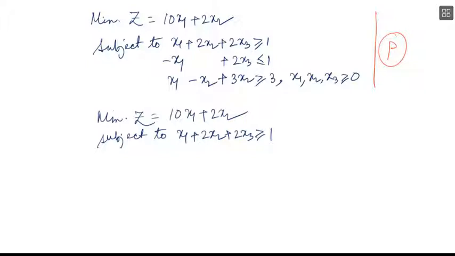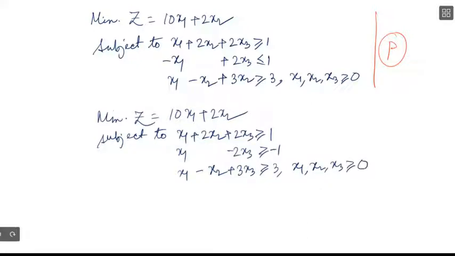So we multiply both sides of the inequality by minus 1 to get x1 minus 2x3 greater than equal to minus 1, and the last one will also remain as it is since it is a greater than equal to type inequality already given. So it will be x1 minus x2 plus 3x3 greater than equal to 3, and the variables x1, x2, x3 are all non-negative.